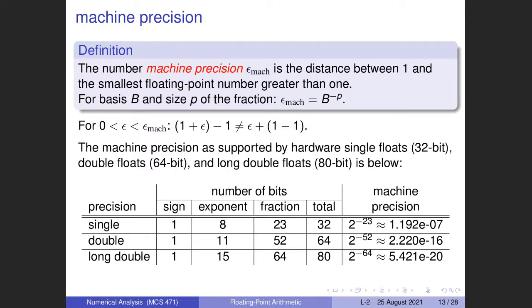If you know the basis in your number system, for us with our 10 fingers, the capital B is 10, but in a computer it's 2. And if you know how long the fraction is, then you can compute that number that is the machine precision.